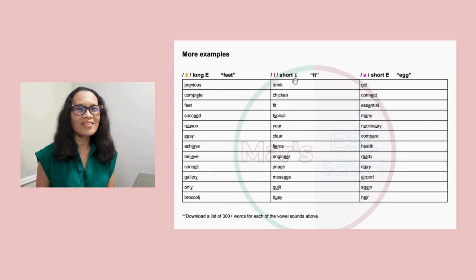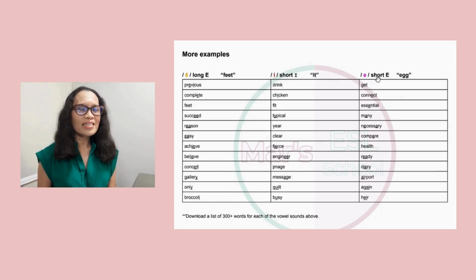For the short I sound, it, we have drink, chicken, fit, typical, year, clear, fierce, engineer, image, message, guilt, and busy.